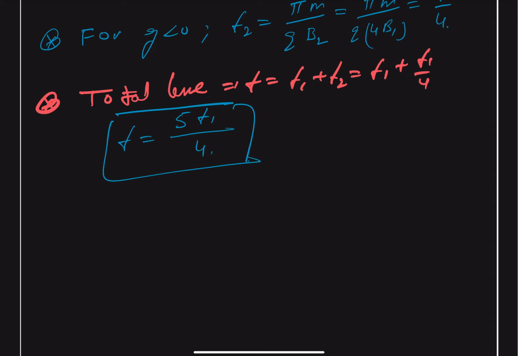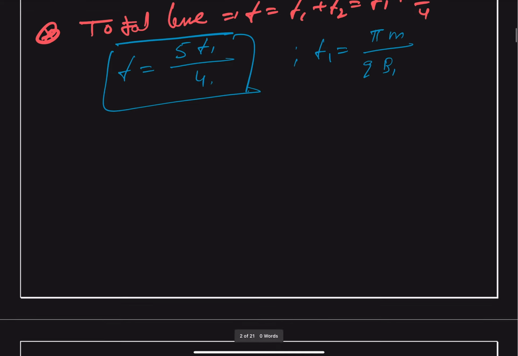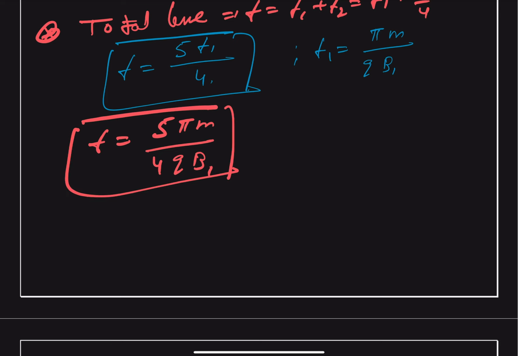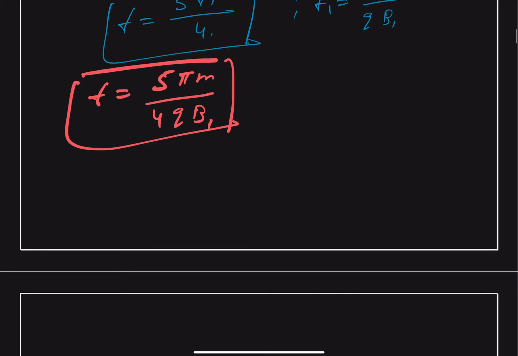And we already know that our t1 is pi m upon q b1, and we substitute, we get t is equal to 5 pi m divided by 4 q b1. And if required, we can also write it in the form of b2, then we can write it later on if required.